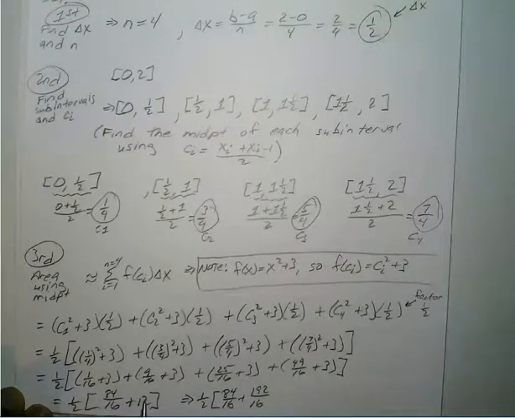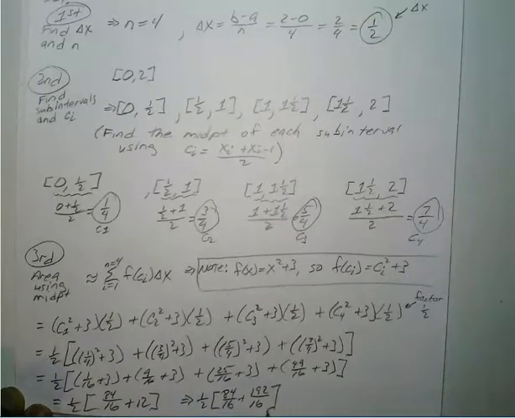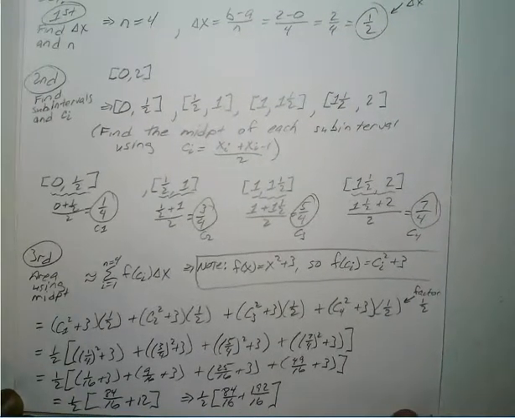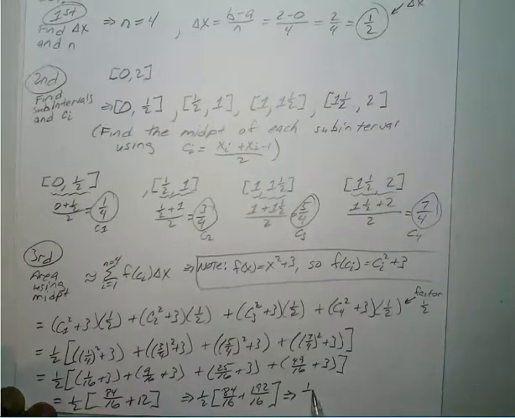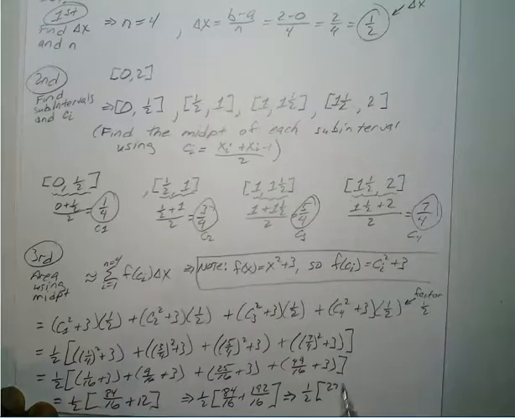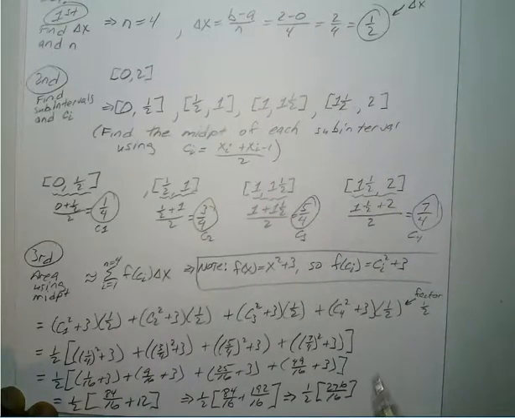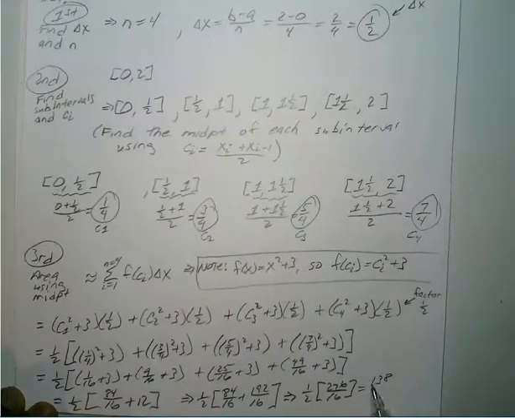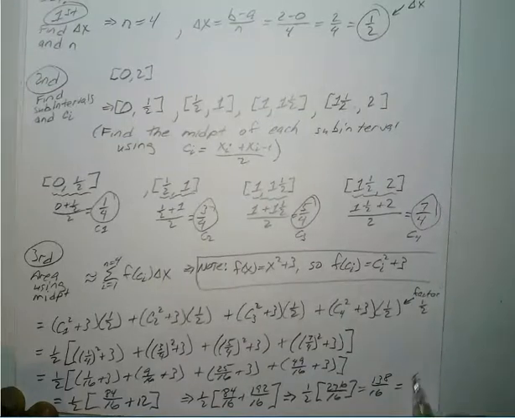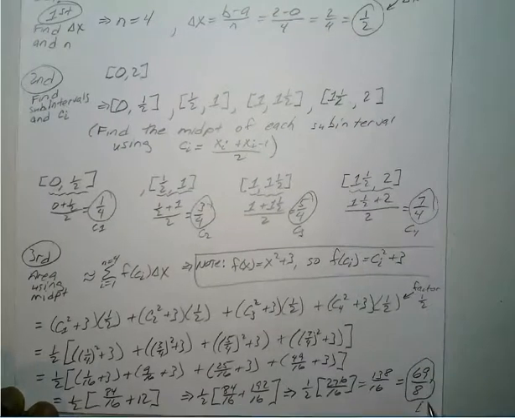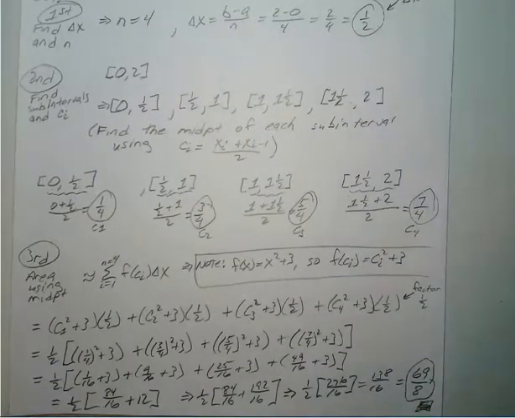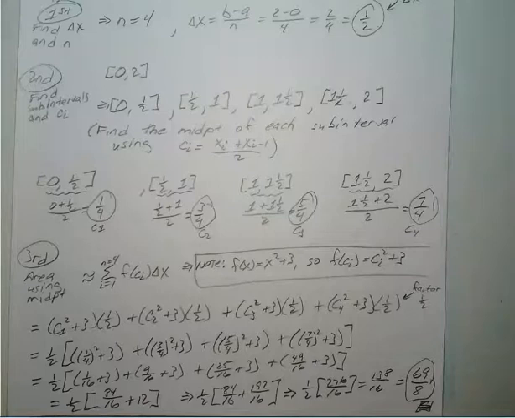We just multiply 12/1 by 16/16 to get our common denominator. That gives us 1/2 times 276/16, which is 138/16, which becomes 69/8 once we simplify everything. Okay, so that gives us our area with 4 subintervals between 0 and 2.